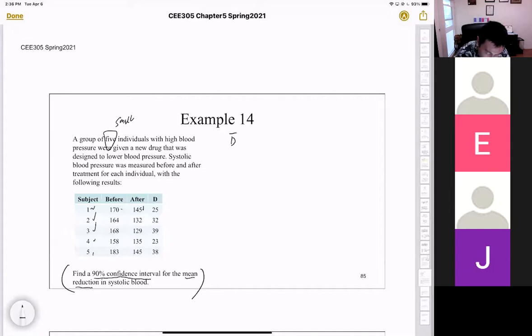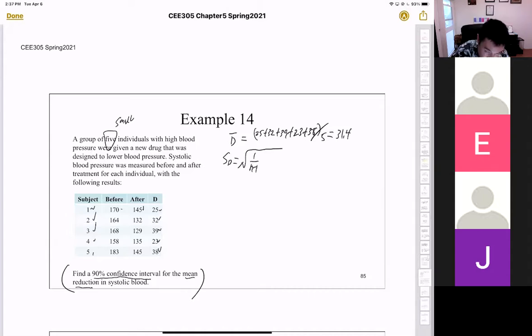For example, the mean value of the difference: we add all the differences together, 25 plus 32 plus 39 plus 23 plus 38, divided by 5. So we calculate the mean value of D, and also the standard deviation for D.